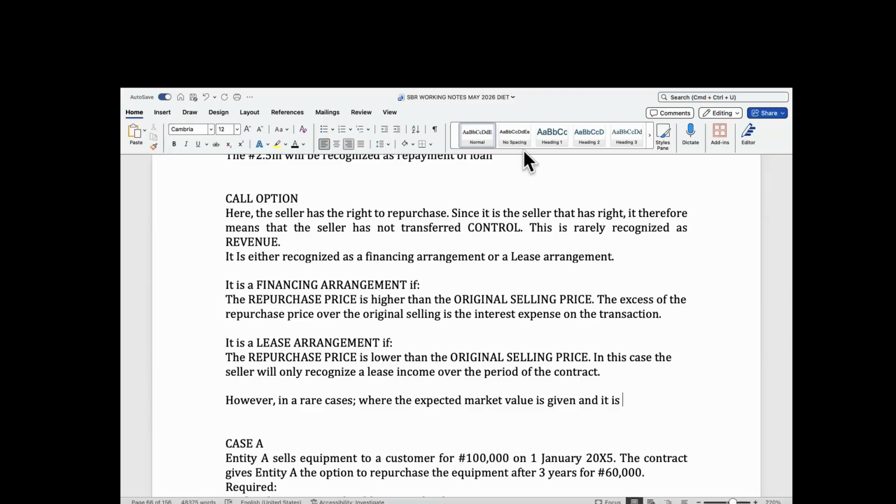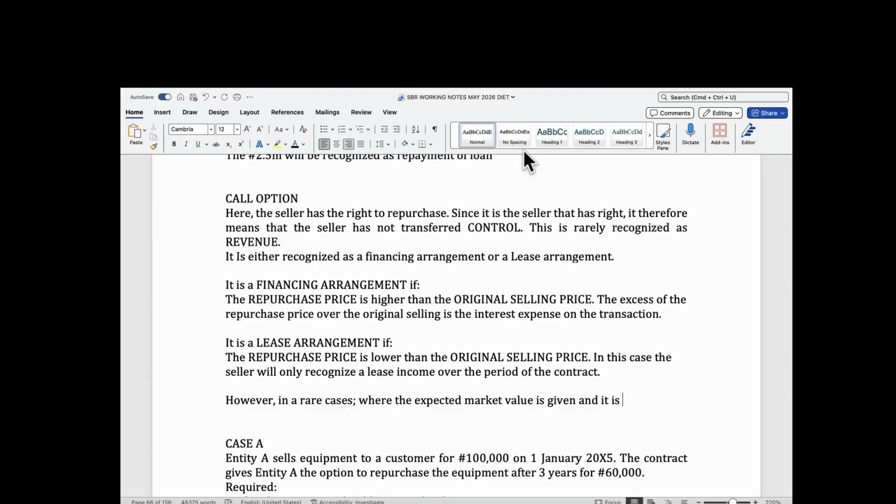That is what the expected market value would be. Would you have the intention to repurchase? Yes, you will, because you know that you are going to be repurchasing an asset that is worth 100,000 for 40,000. So there is a significant incentive to repurchase from the side of the seller. He would want to repurchase because it pays him to.